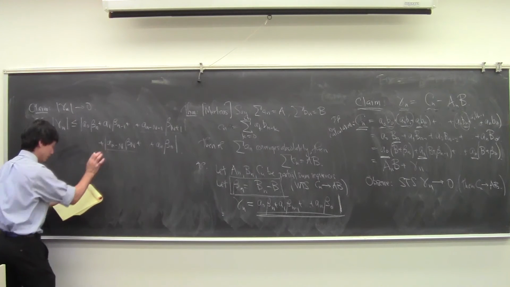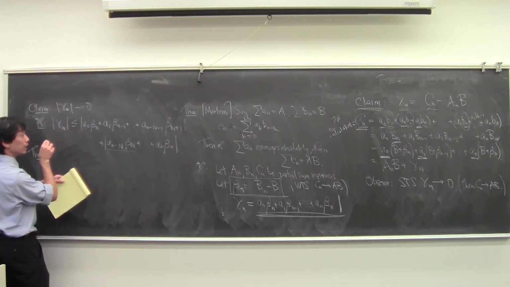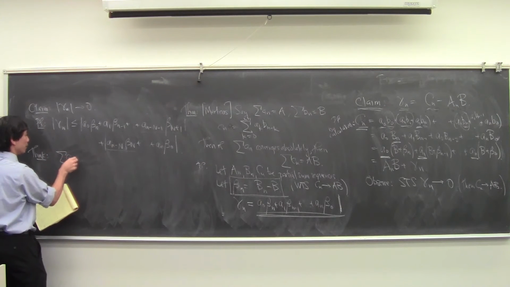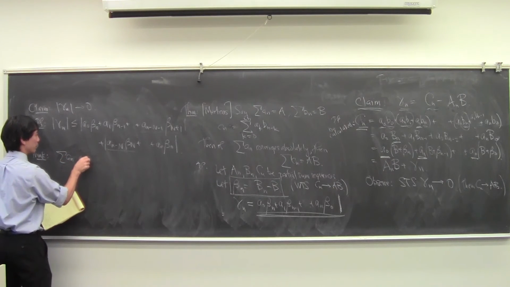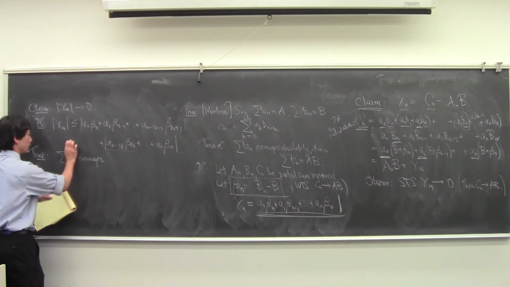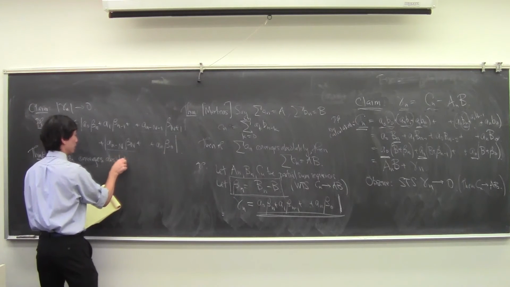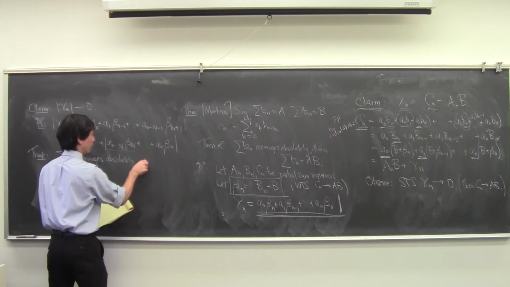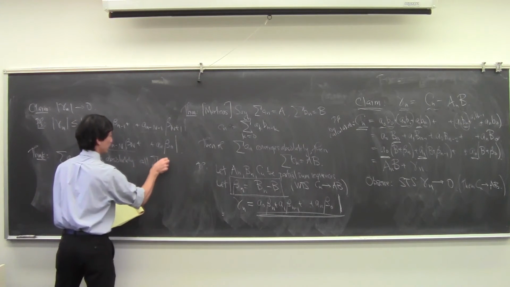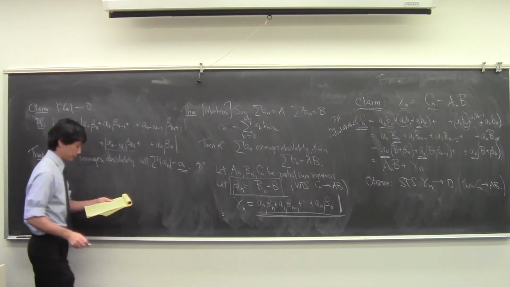Actually, sorry, let me say something else first. The A sub n converges absolutely. So this thing converges absolutely. Call their limit the absolute limit alpha.